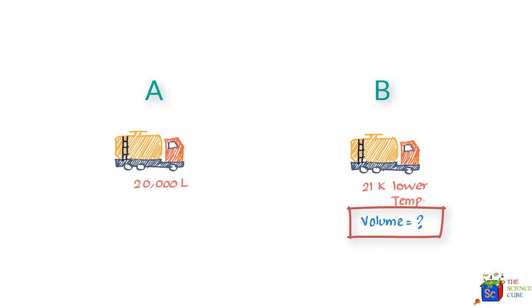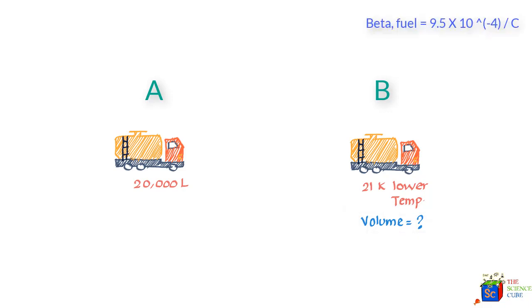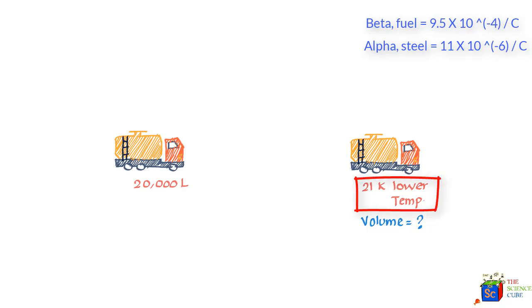Beta value for diesel fuel is 9.5 into 10 to the power minus 4 per degree centigrade, and alpha for steel truck tank is 11 into 10 to the power minus 6 per degree centigrade. So we see that the temperature at the time of delivery is less than the temperature from where it started, which therefore implies volume contraction of diesel.